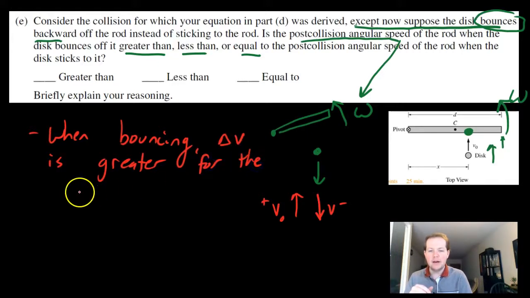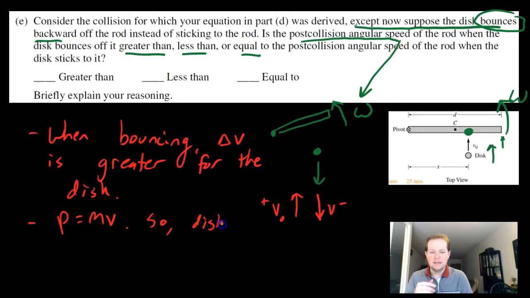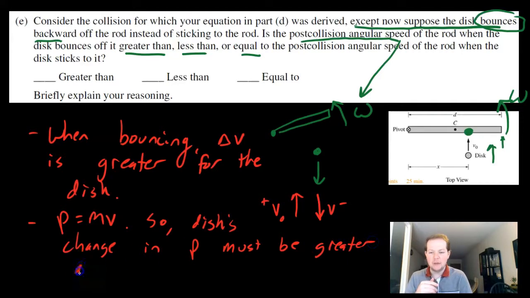If the change in velocity is greater, well, the change in momentum is greater. So the disc's change in momentum must be greater after the bounce.